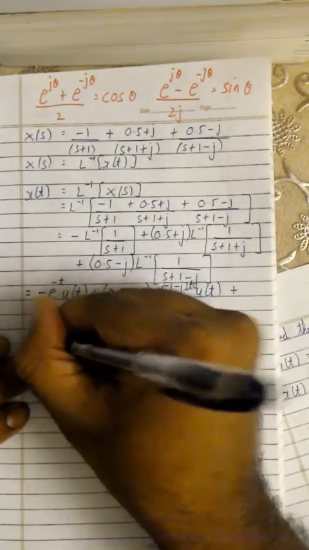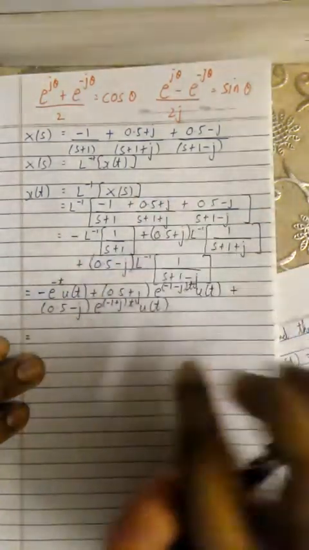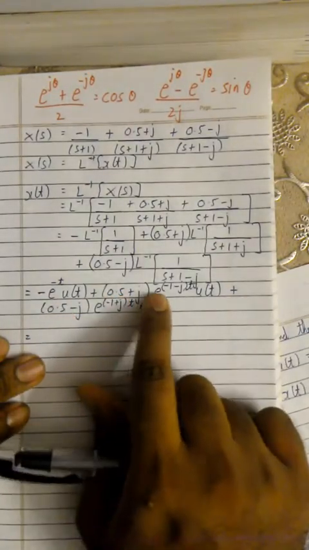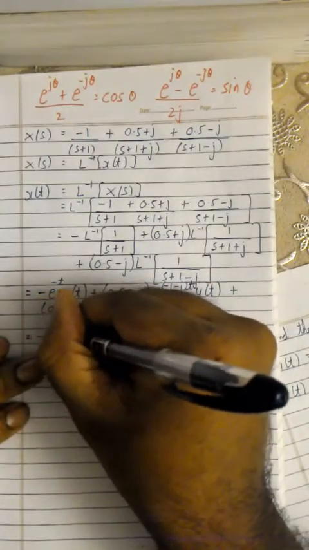In that case, I can take this 0.5 as common, and e^(-t) common, so it will be very easy for me.